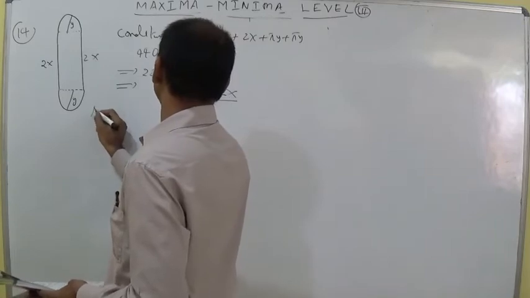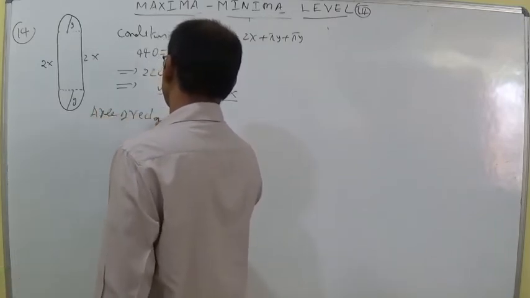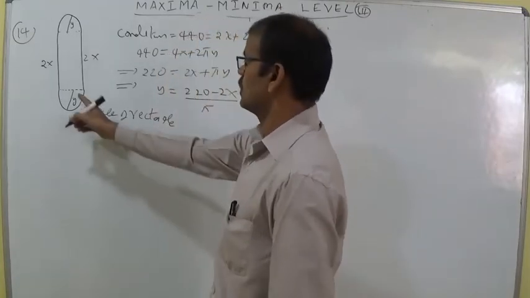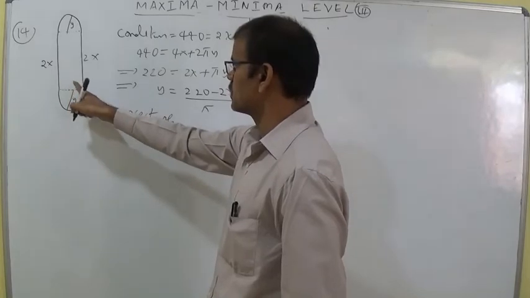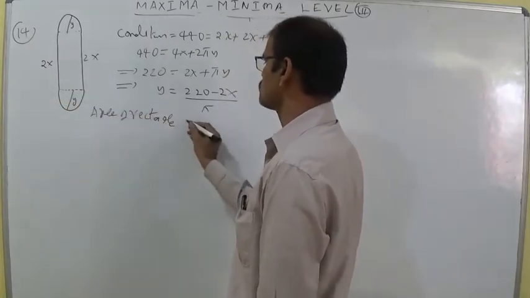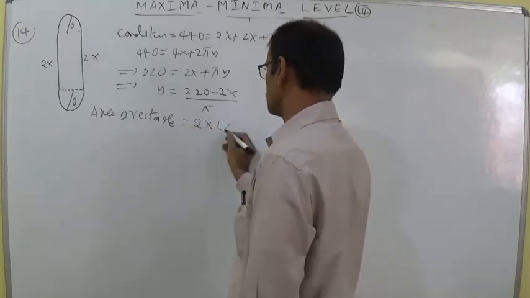Area of the rectangle. Here if you think only of the rectangular portion, this is y, this is y, so it is 2y. So 2x into 2y, length into breadth, because this is radius.